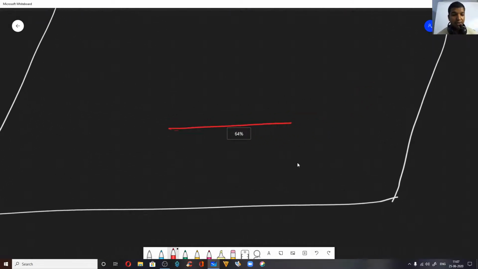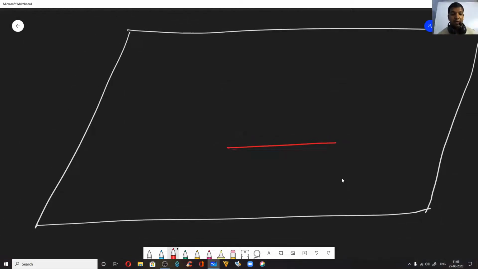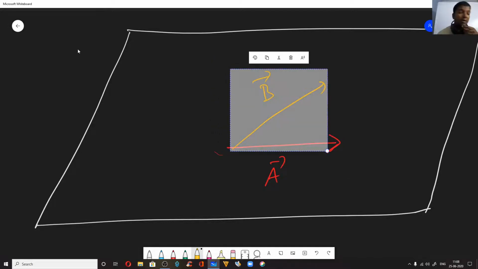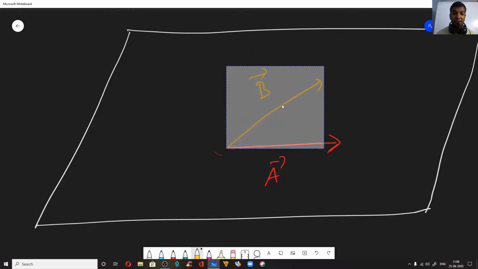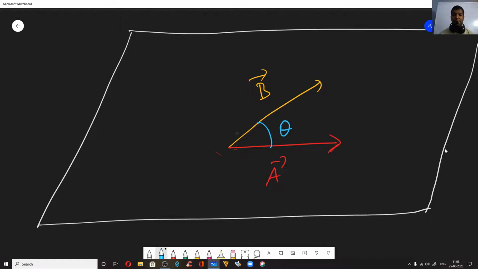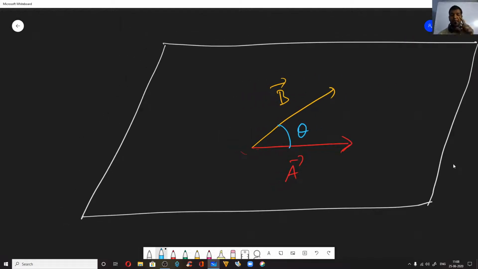This is vector A and this is some vector B. If you want, you can shift the vectors so that they look like co-initial vectors. Now find the angle between the vectors. Say theta is the angle between the vectors.